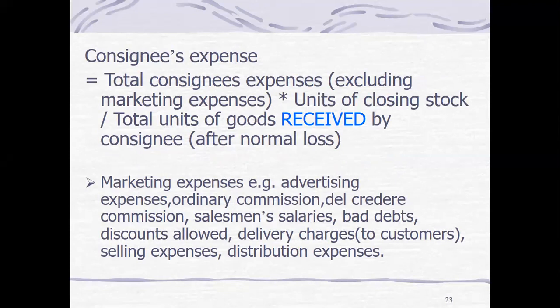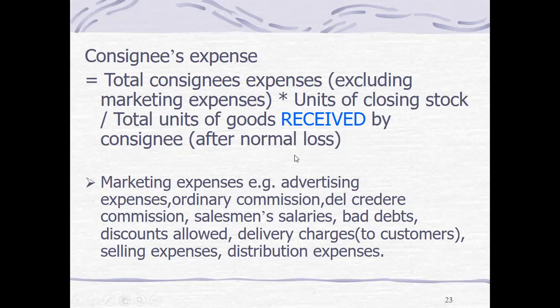They are not directly related to the consignment contract or the consigned goods. They are part of selling expenses, part of operating expenses. We multiply by the same percentage, 40 over 100 units of goods. Total units of goods means the goods which are in good condition after normal loss, so these are saleable products.